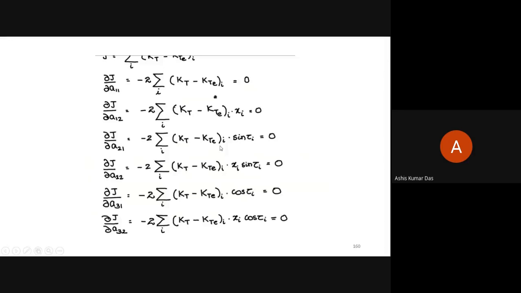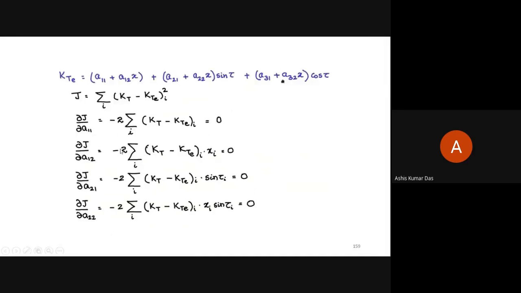For the first case, we got del J by del a11. Here we have kt minus kte i, so taking the right hand side, kt equals kte i.